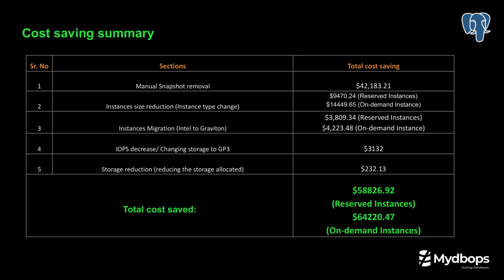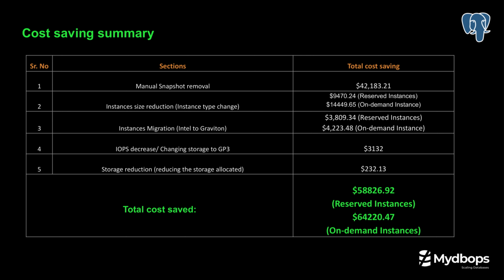So the suggestions were proposed, and we had a discussion based on that, on what action items I do not have any dependency and we can take up, or what action items require a developer or DBA involvement. And based on that, the suggestions were implemented on the system.